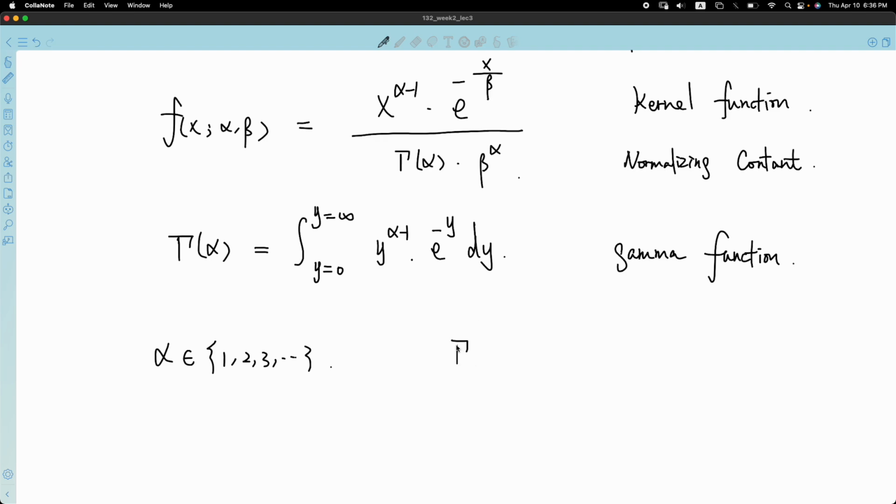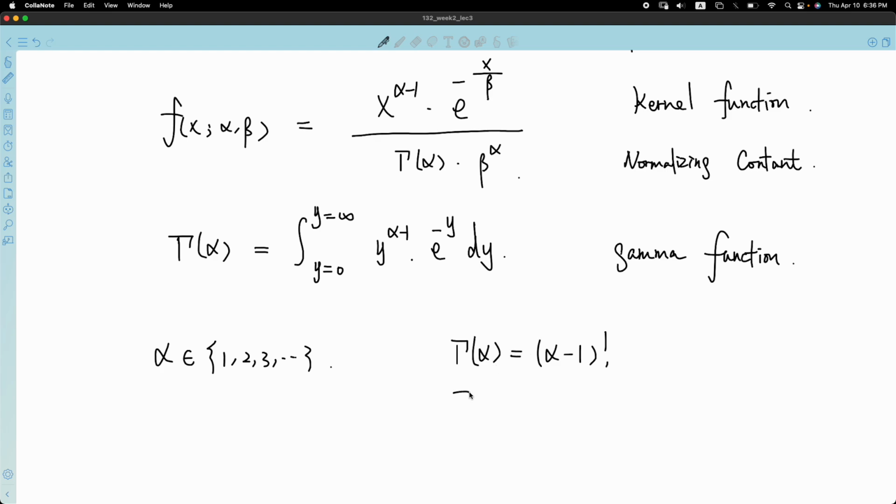Gamma of alpha, for alpha a natural number, is equal to alpha minus 1 factorial. This only holds when alpha is a natural number, like an integer. If you want to evaluate gamma for a real number, you need to use the integral. But when alpha is an integer, it reduces to alpha minus 1 factorial.